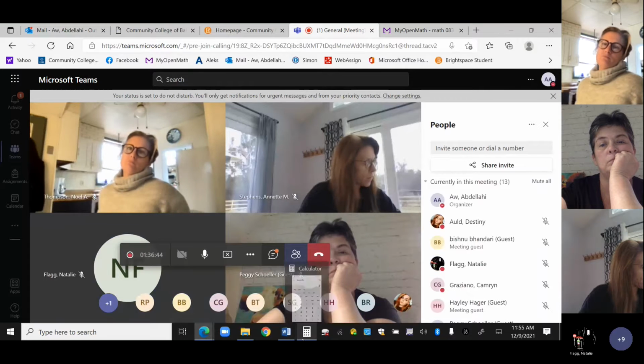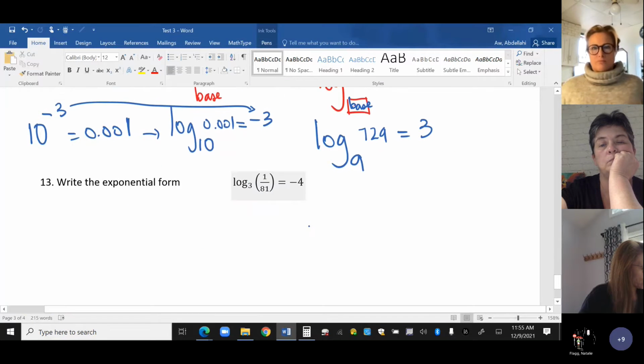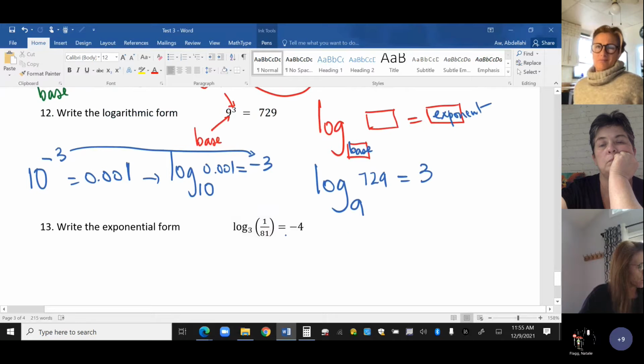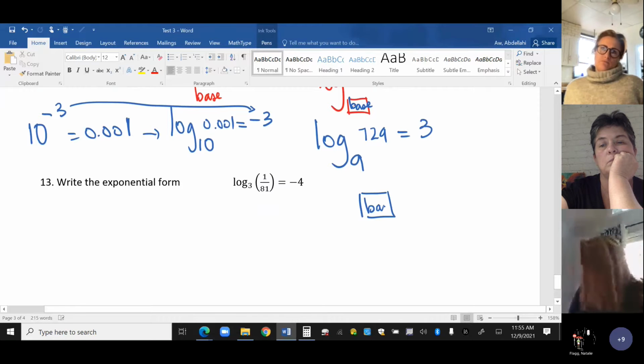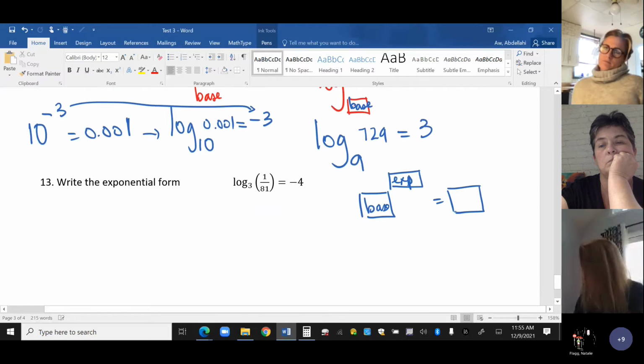Okay, now that we learned the log a little bit, how am I going to write the exponential form now? The exponential is the other way around. I have three boxes to fill up: the base, the exponent, and the outcome.